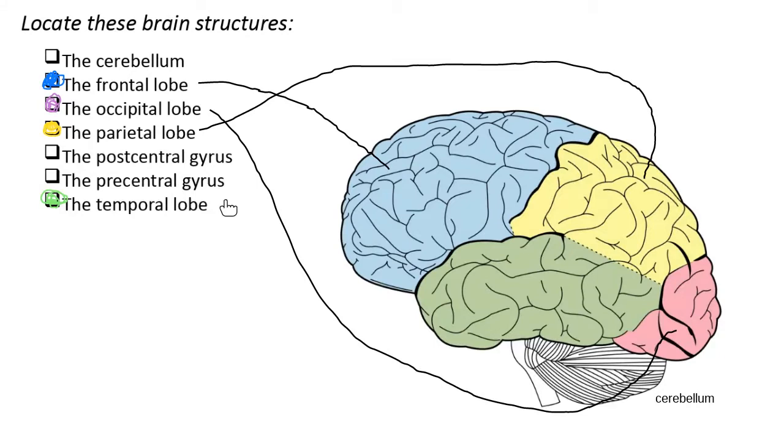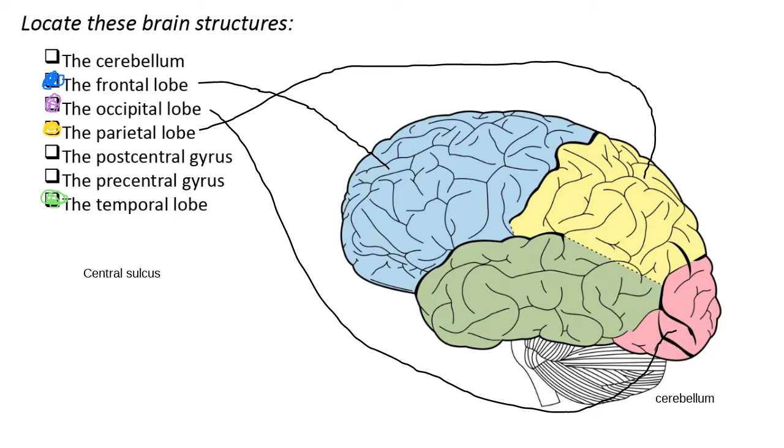Now, there are two bumps that we talked about in lab that are going to be really important here in lecture, called the post-central gyrus and the pre-central gyrus. They are the bumps that I find in front of and behind a thing called the central sulcus.